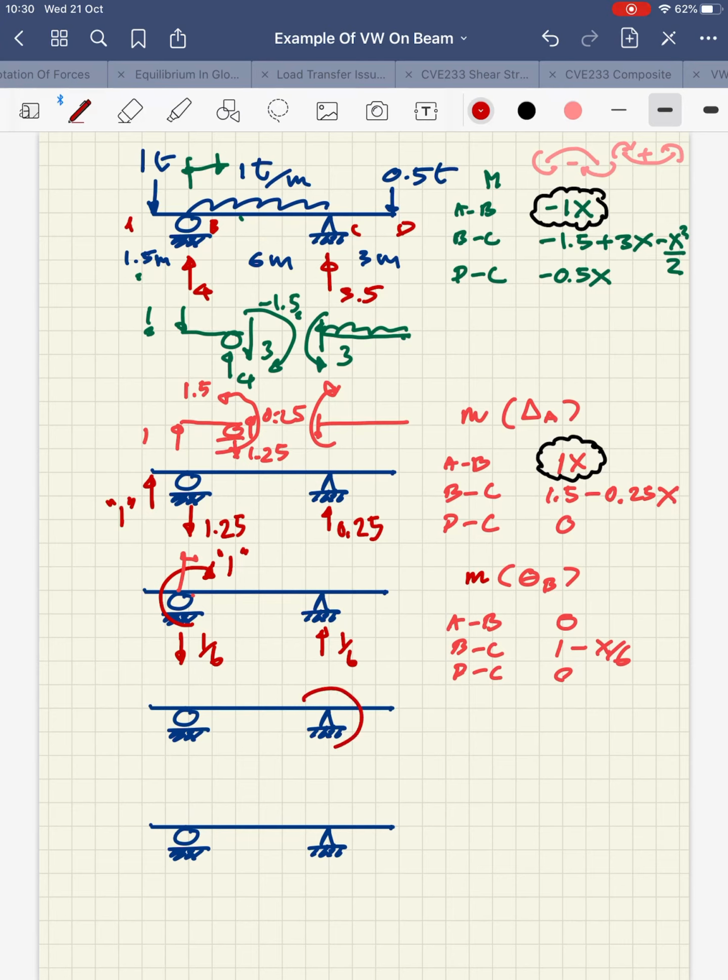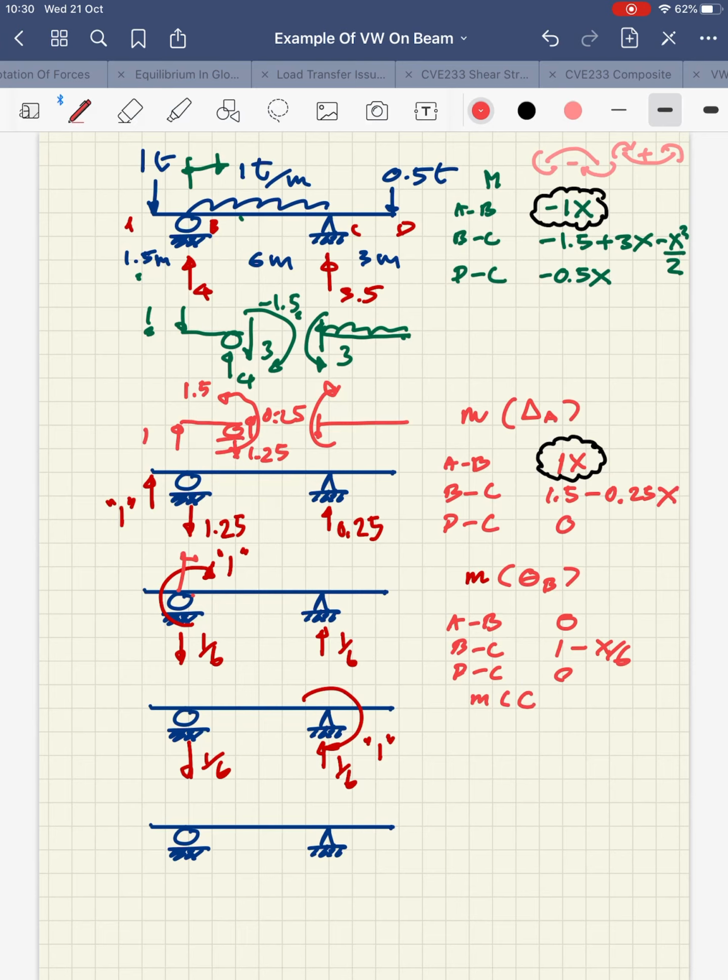Now I can move on to the next case, which is the calculation of rotation at C. I can again apply the unit moment, which is positive, which will result in the same reaction, 1/6 here and 1/6 there.